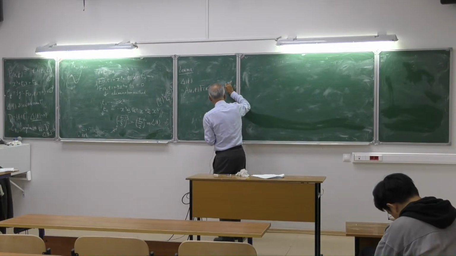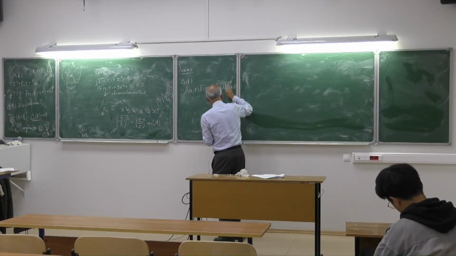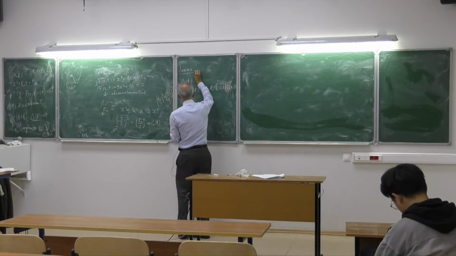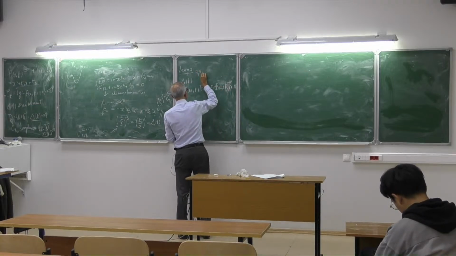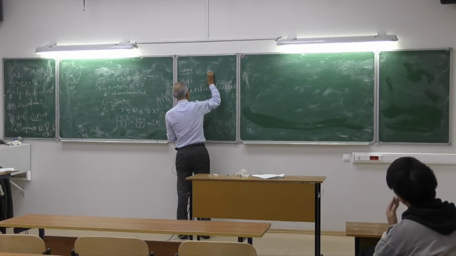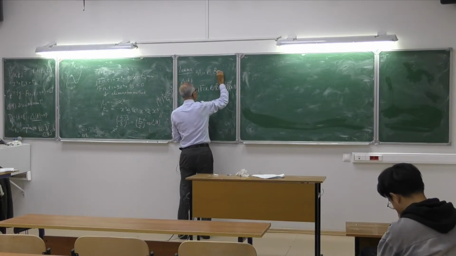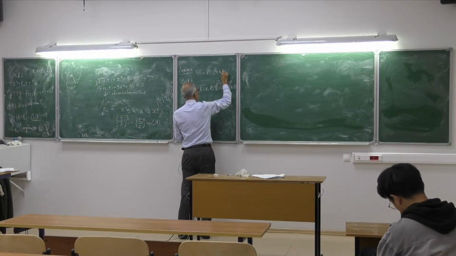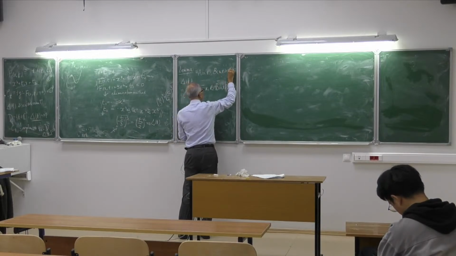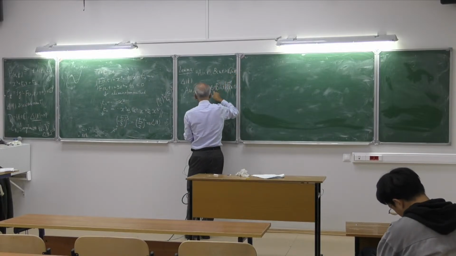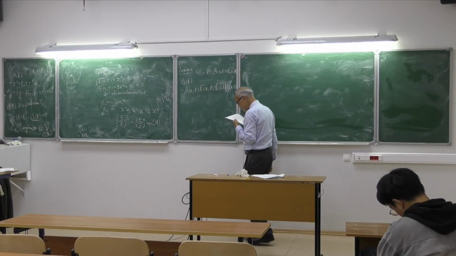Or maybe delta x, I write it because there exist polynomials a(x,t) and b(x,t).